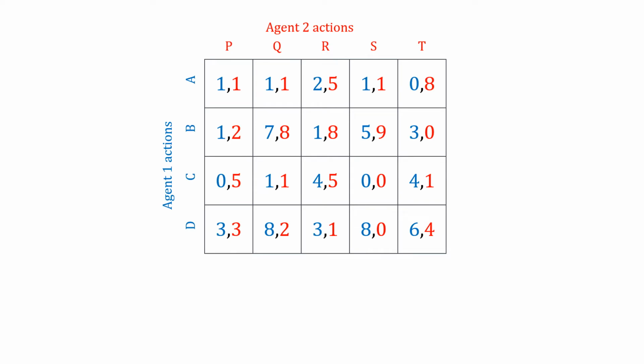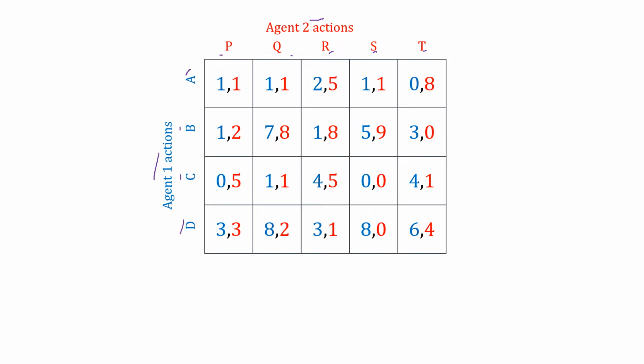Here is an example of a bimatrix game. There are two players here, or agents, agent 1 and agent 2. Agent 1's actions are A, B, C, and D. These are the possible actions. And likewise, agent 2's actions are P, Q, R, S, and T. And these numbers in this table are the payoffs.